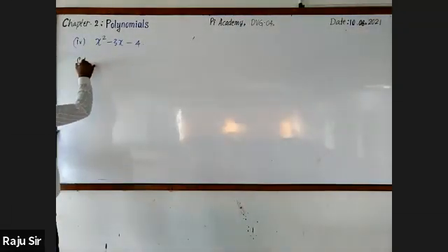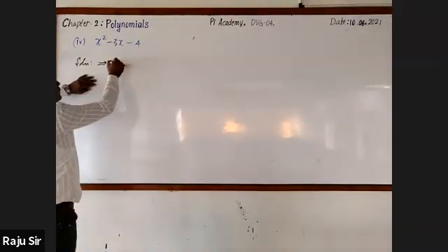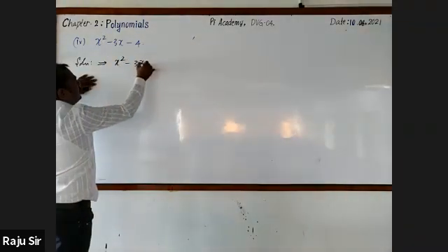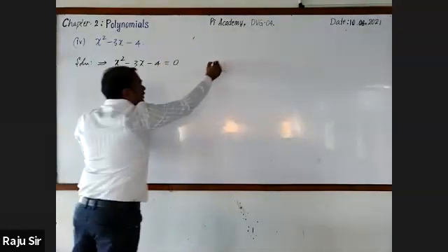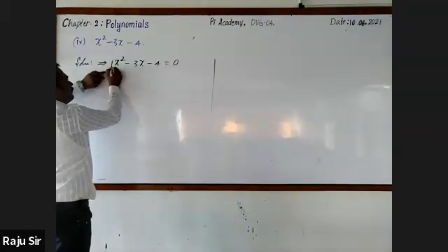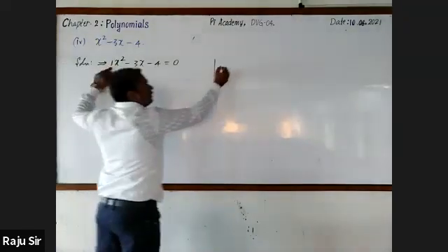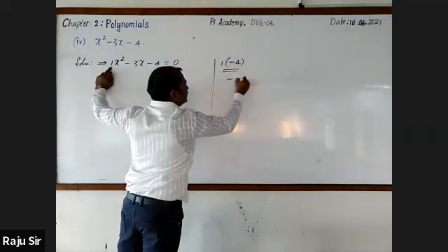If you have done it, just cross check. In the first step, we will equate this to 0. x square minus 3x minus 4 equal to 0. Then multiply first and last term. I'll take only the coefficients. Here is 1, here is minus 4. 1 into minus 4 is minus 4.